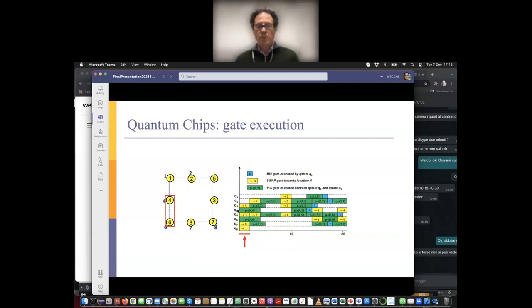We need to insert this swap in the circuit in order to make the computation feasible on the quantum processor. Next we execute the gate. So the 3-7 gate is now executed, and we need to swap others, and so on. Just to have the intuition.